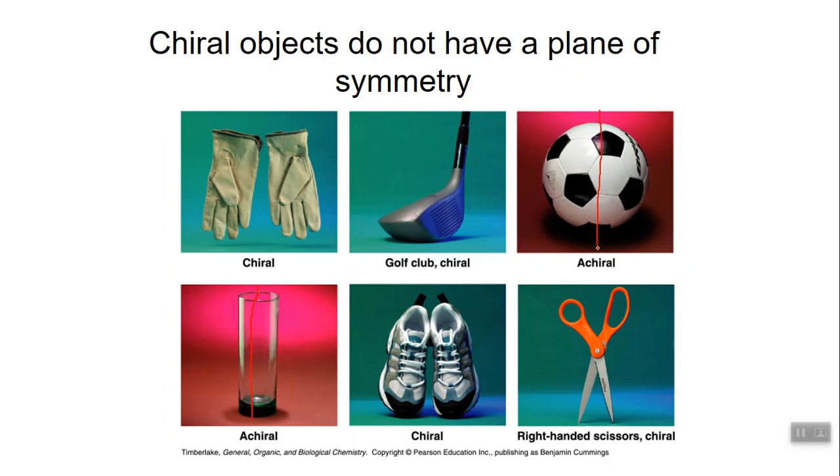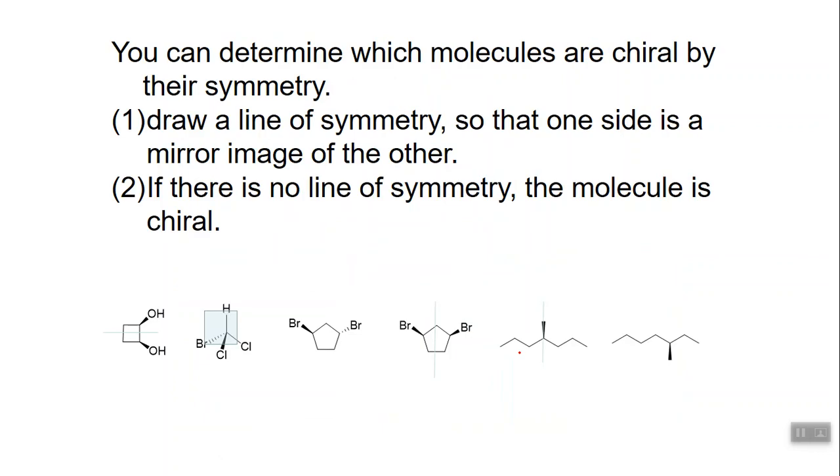What happens with this is that if you take the mirror image, you can then superpose that on the original object. Whereas if you look at a pair of gloves or a golf club or these other objects, their mirror image cannot be superposed. That comes out of the symmetry. It's symmetry that determines that.